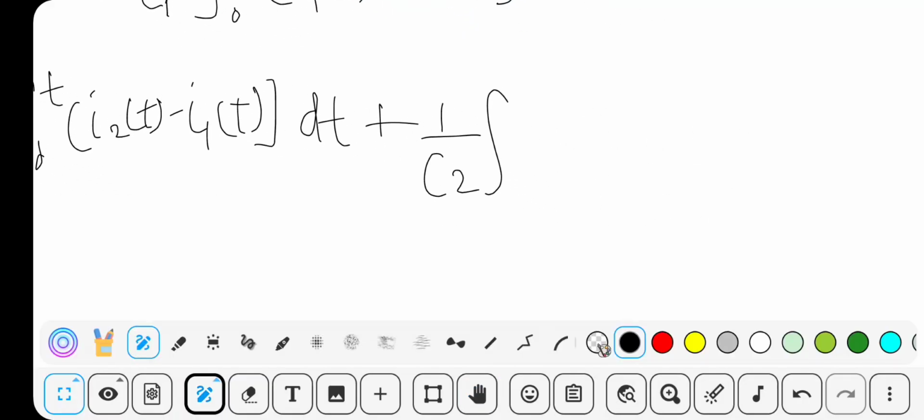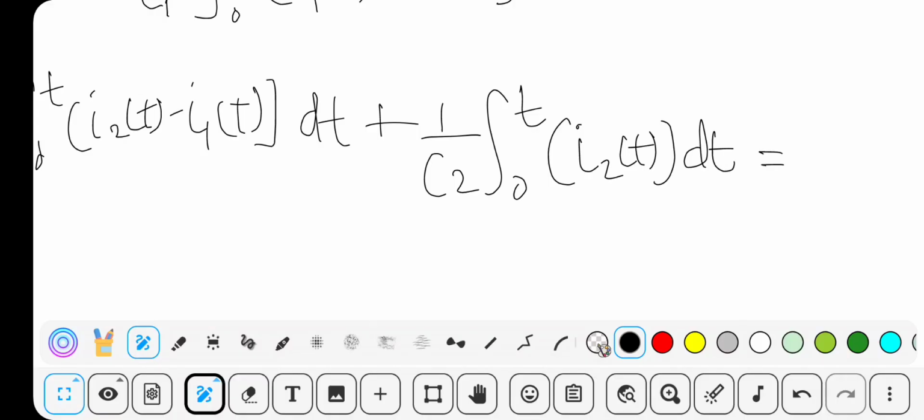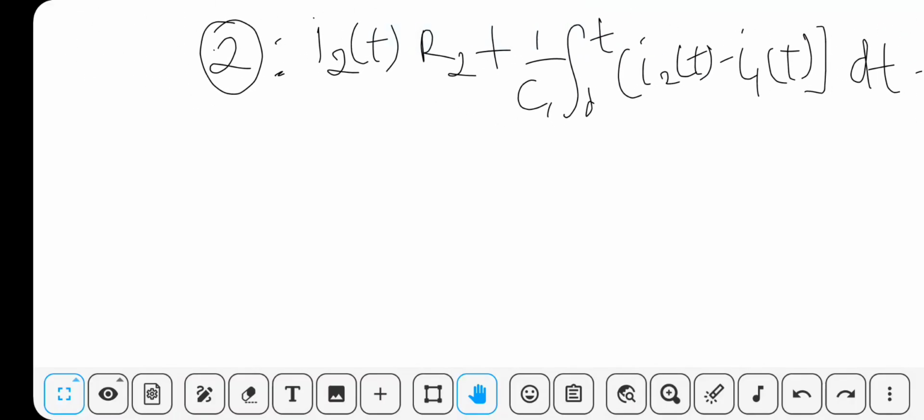I3 now is 0, so this will be I2 of t dt, which is now the new equation 2.